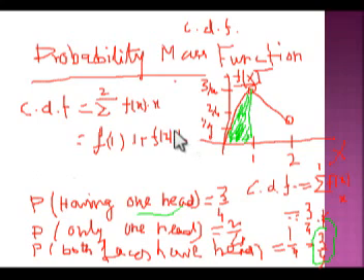So I will put these values: for 1, this is 3 by 4. So 3 by 4 multiplied by 1 is 3 by 4, and this is 1 by 4 multiplied by 1 is 1 by 4. So it will total 1.